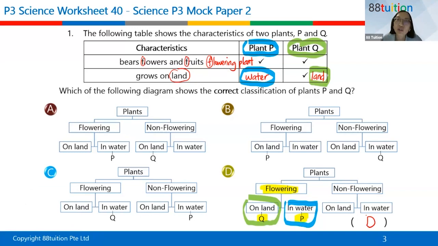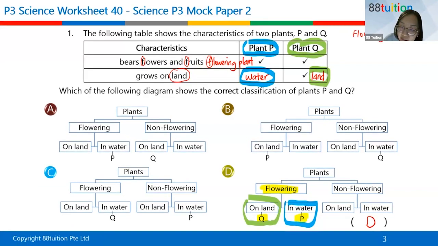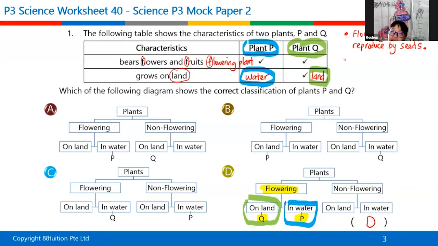Now before I continue, I'm going to test you. Flowering plants reproduce by what? We will take the chance to revise similar concepts as well. Seeds. And then the opposite of flowering plants would be what? Non-flowering plants. And for non-flowering plants, how do they reproduce? Spores. Thank you. So these 2, please know them. You don't need these 2 for this question.